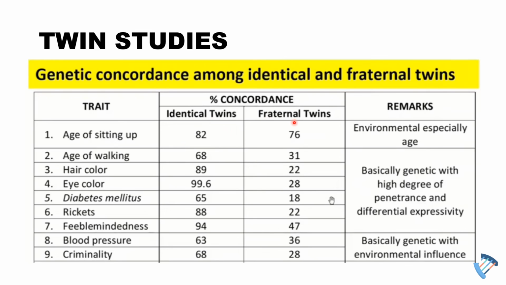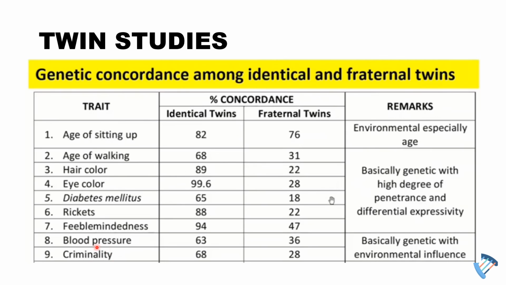Now, yung age of walking, hair color, eye color, diabetes mellitus, rickets, feeble-mindedness, since mas mataas yung concordance ng identical twins compared doon sa fraternal twins, meaning, yung nag-i-influence dito sa mga phenotype na to is yung genes at hindi yung environment.